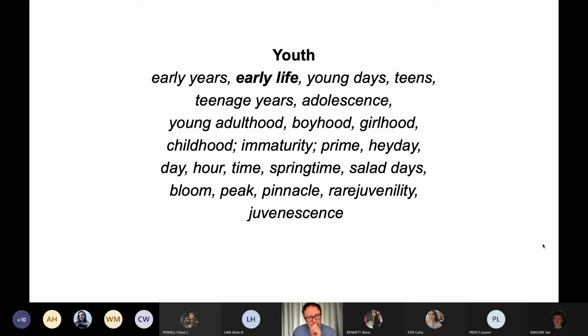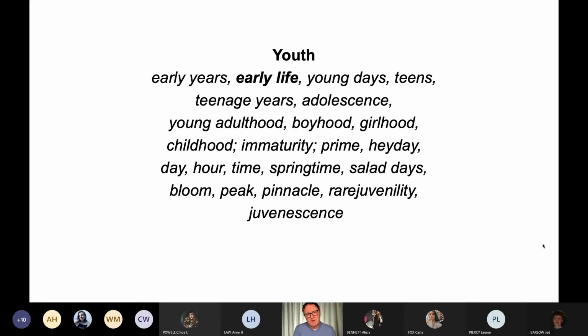And then we think, right, okay, so Absolut Youth, how many forms of early life are there? We can still relate to the other words in the list, like Absolut Teens, Absolut Young Days, Absolut Adolescence, that one could work, and so on and so on.